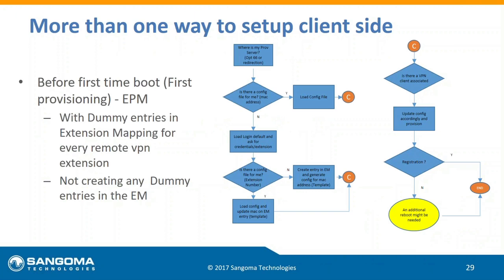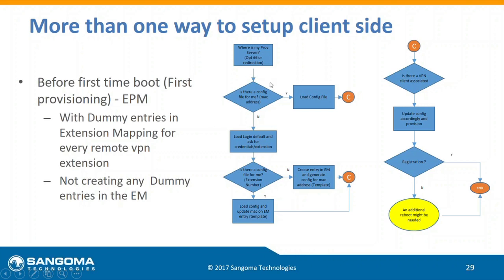One scenario is the endpoint manager doesn't have a clue about the phone that is about to be provisioned, or the endpoint manager knows at least the extension number that can be provisioned through a given phone. But I don't know exactly which phone, which model, which MAC address. I know there is an extension that could be associated to a phone that is going to be provisioned sometime in the future.